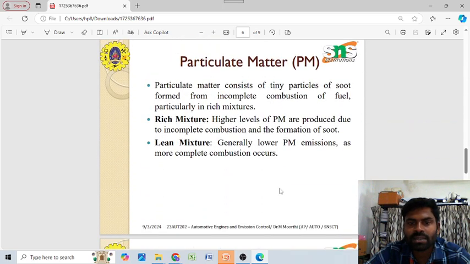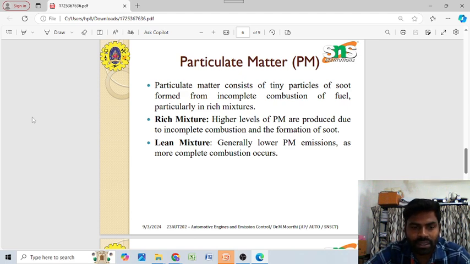And then particulate matter consists of tiny particles of soot formed from the incomplete combustion of fuel, particularly in rich mixtures. As we discussed, in the rich mixture air fuel ratio, a higher quantity of fuel is present in the mixture.